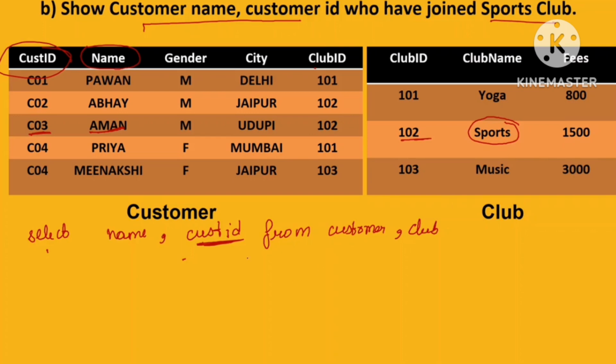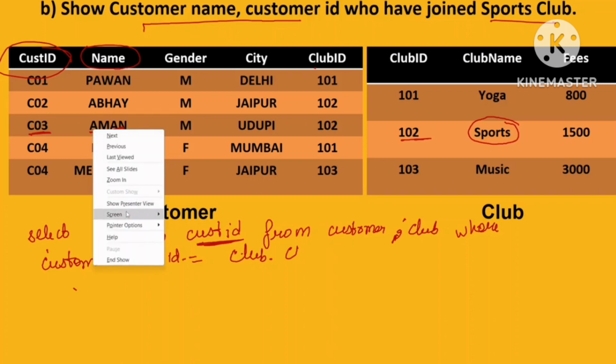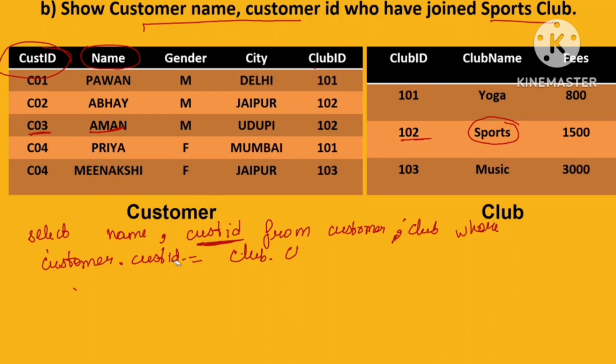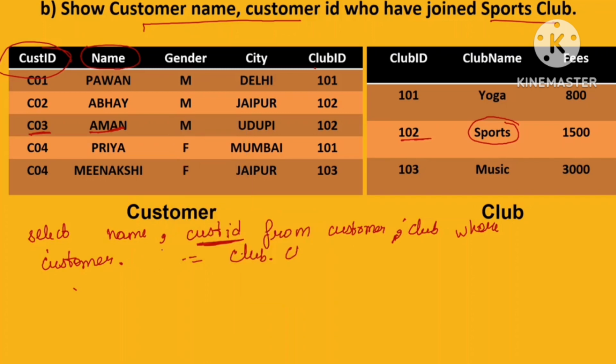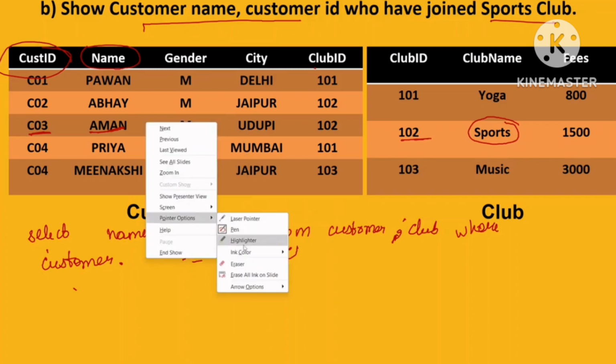Then you have to use alias name, but here no ambiguity is there, so you can directly write select name, cust ID from customer, club where customer dot club ID equal to club dot club ID and club name equal to sports.